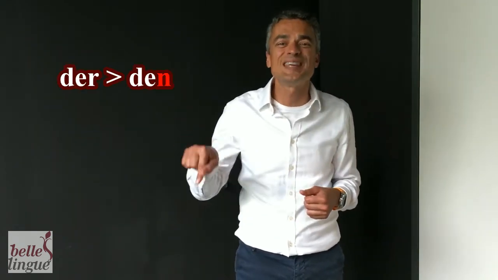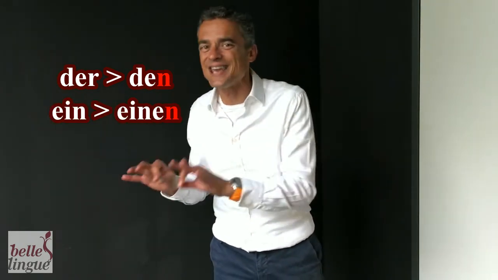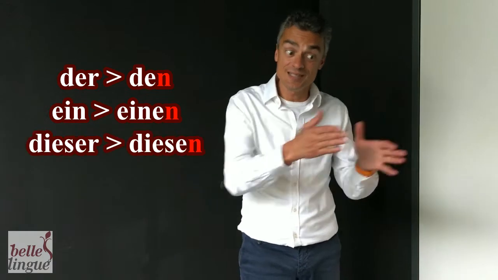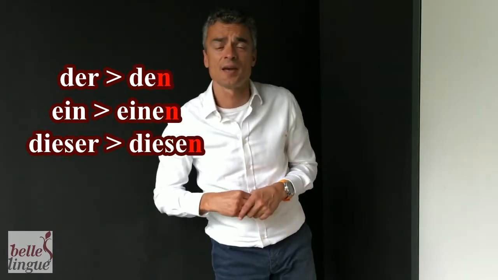In 2/3 of the cases, you don't have to change the article, die and das. The only one you have to change is der into den. Or you change ein into einen. Or dieser into diesen. So it's always the N ending.